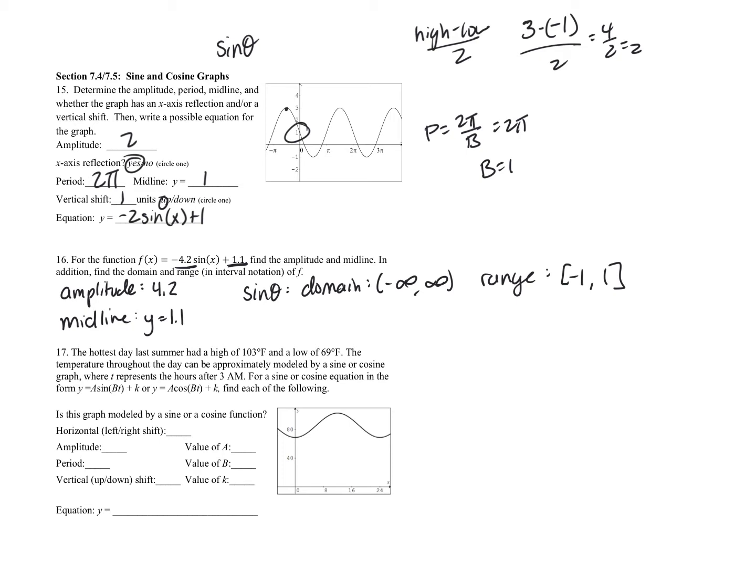So now knowing our amplitude and our midline, which are all vertical transformations, we can redefine our domain and range for this new function f of x. Since the amplitude and the midline both affect the function vertically and not horizontally, our domain is going to stay the same, but our range does change.